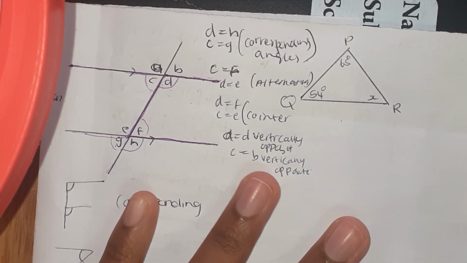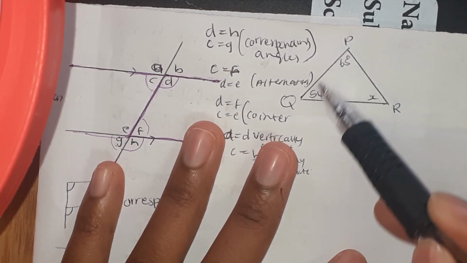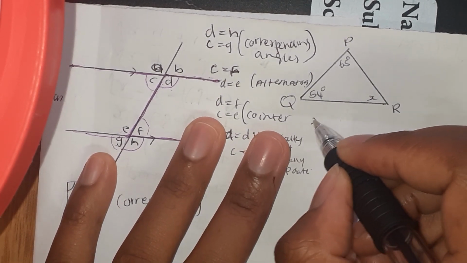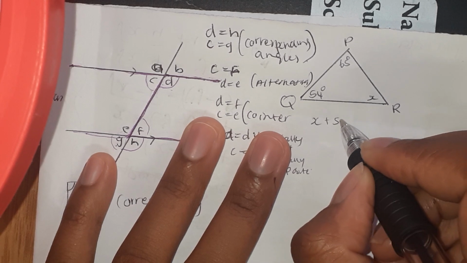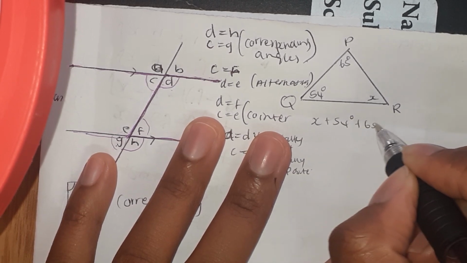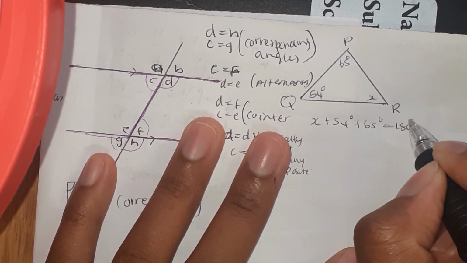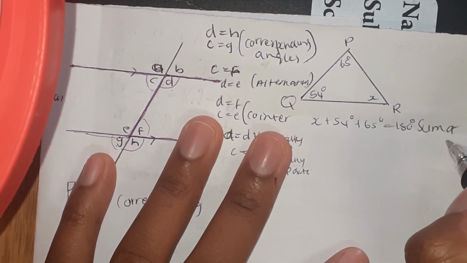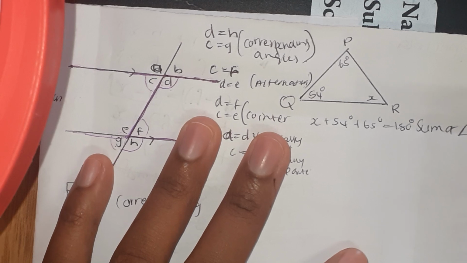All right, now we are here. We said that the sum of a triangle is 180. So we are looking for x. So x plus 54 degrees plus 65 degrees equals 180. What is that? Sum of a triangle. That is your reason, right?